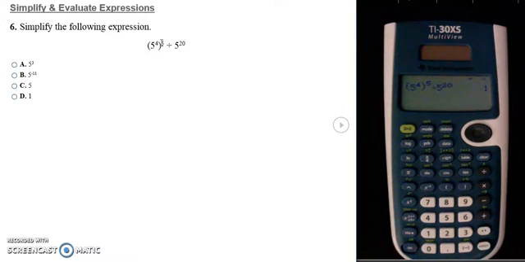And I can see that that answer all reduces down to 1, which is choice D.